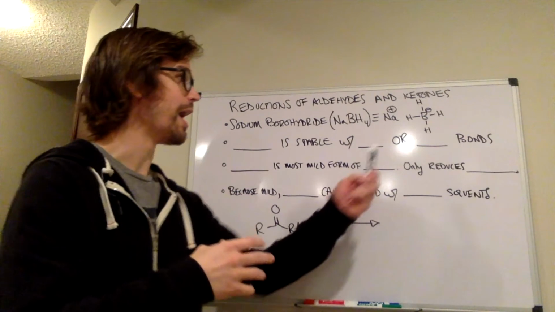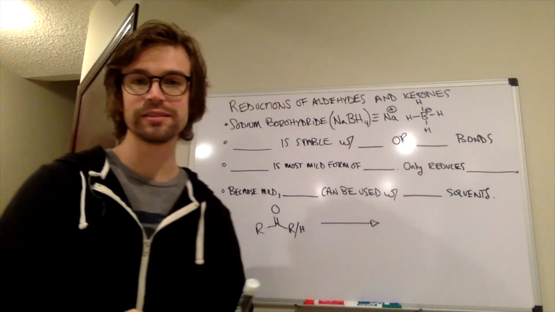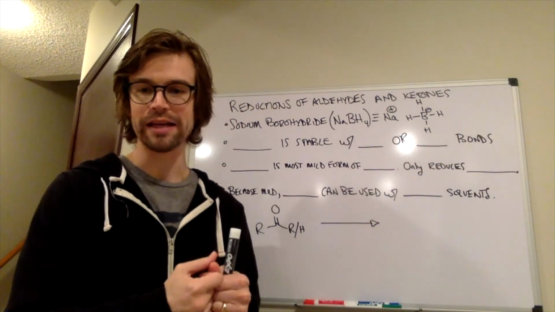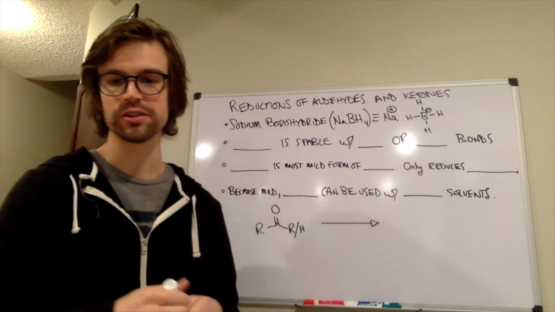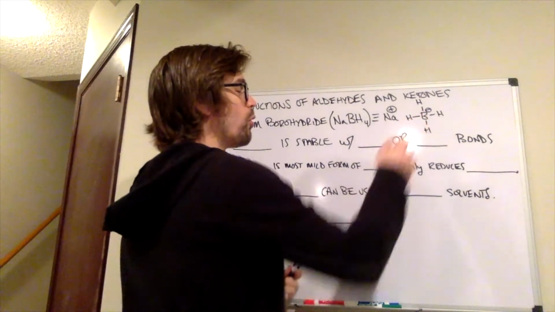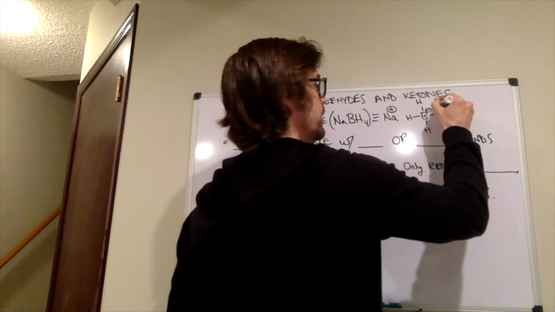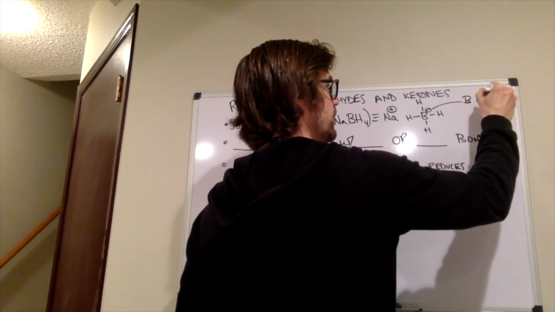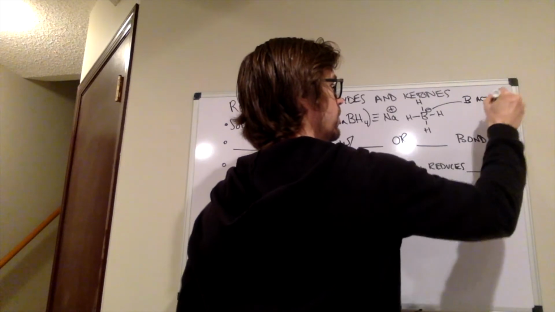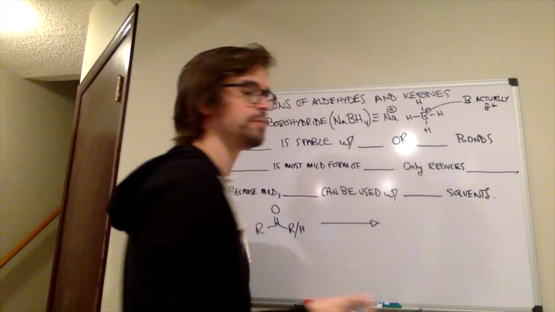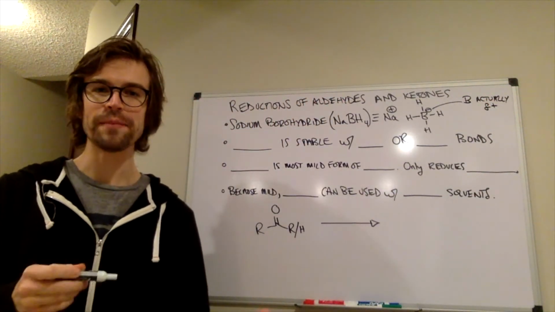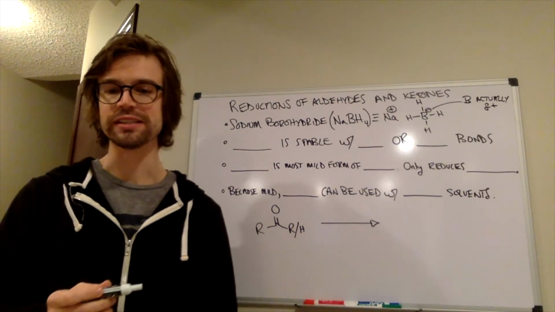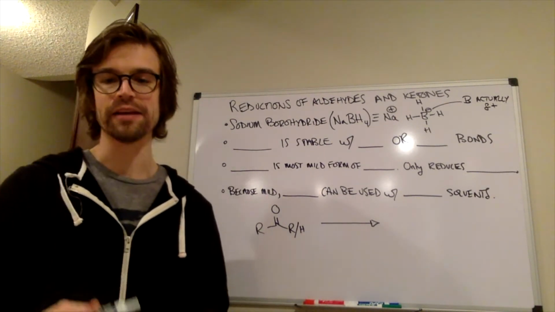So these BH bonds are actually polarized to the negative charge. So while boron has a negative charge here, boron is actually partially positive. And what that means is that all of our H's are partially negative.